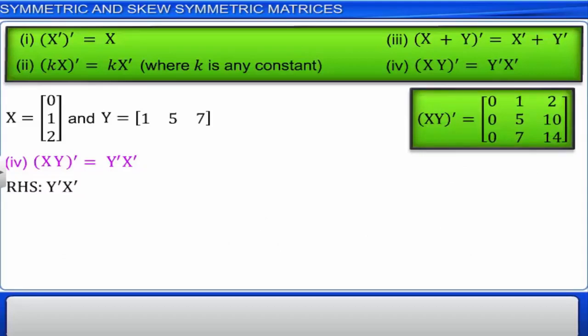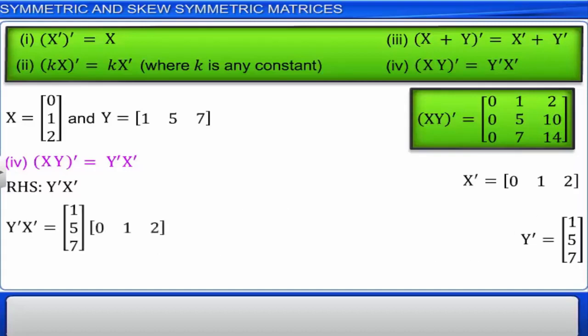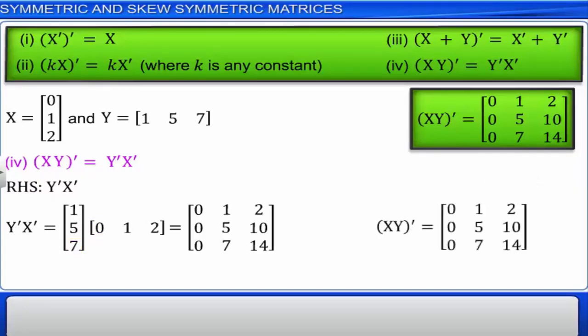First, we will find the transpose of matrices X and Y. The product of Y transpose and X transpose is as shown. You can see that both the sides are equal to each other.